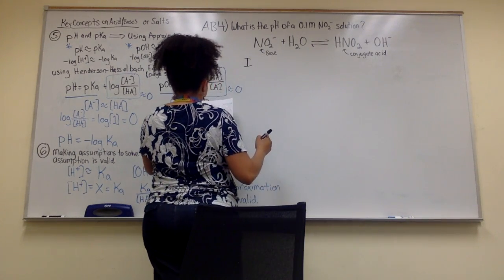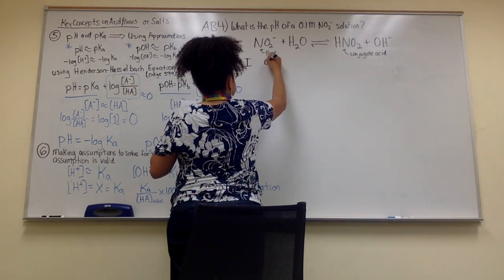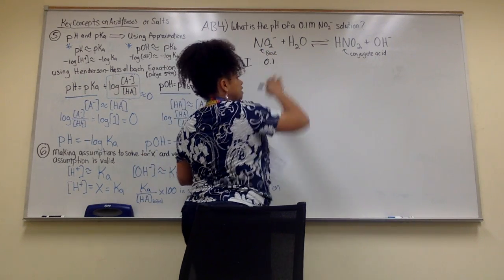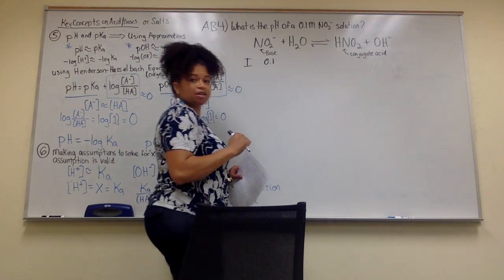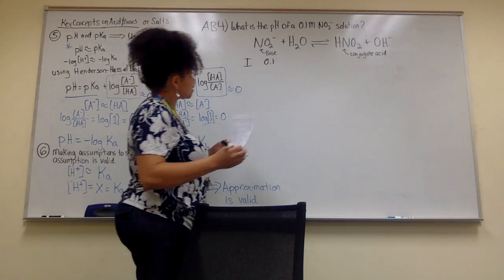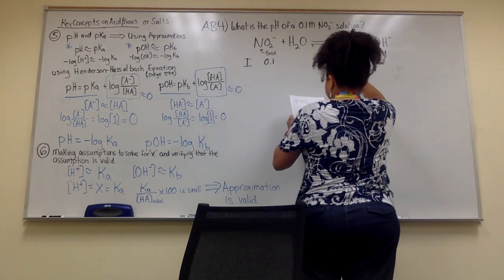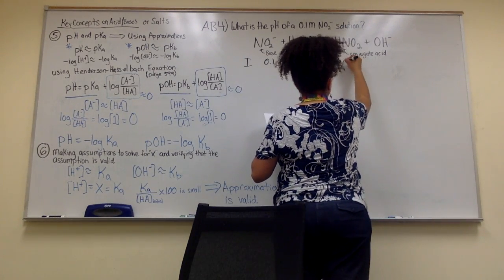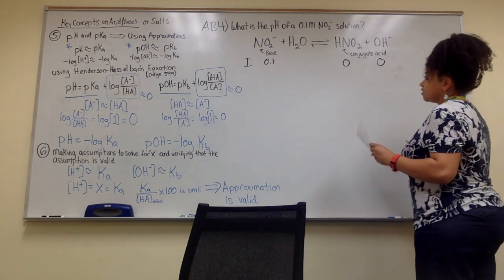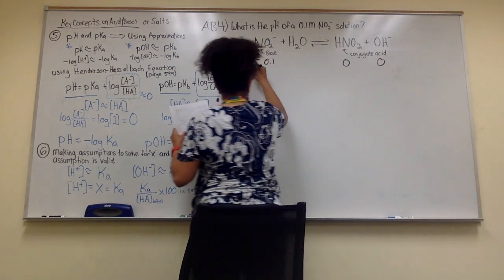Initially, we know that from the information, we have 0.1 molar NO2 minus. Water is not participating. It's a pure solvent or pure substance, so that's nothing. And then for HNO2, we don't have anything yet, and then we don't have any OH minus yet. So that's initial.